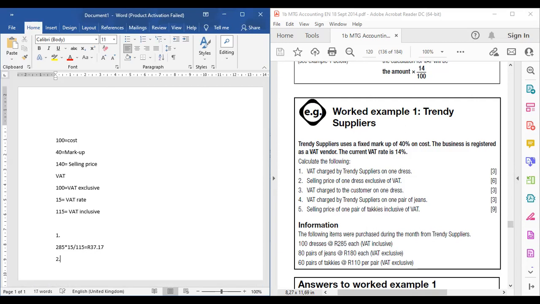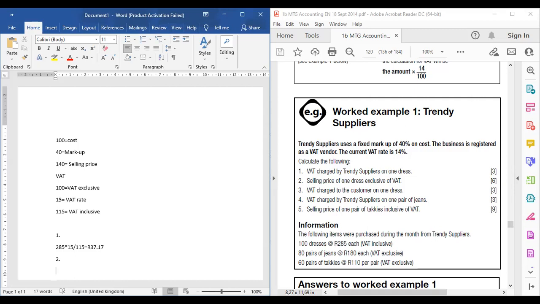And then we go to 2. The second question is selling price of one dress exclusive of VAT. So right now we're going to calculate the selling price of one dress exclusive of VAT.